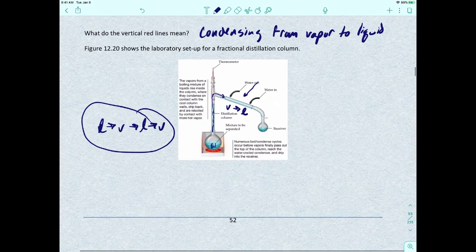Usually when we do a fractional distillation, we're dealing with two volatile substances and we need to separate them out. Usually the volatile substances have boiling points around 20 degrees from each other. What we're trying to do is get them separated, so that we're usually dealing with just one component.